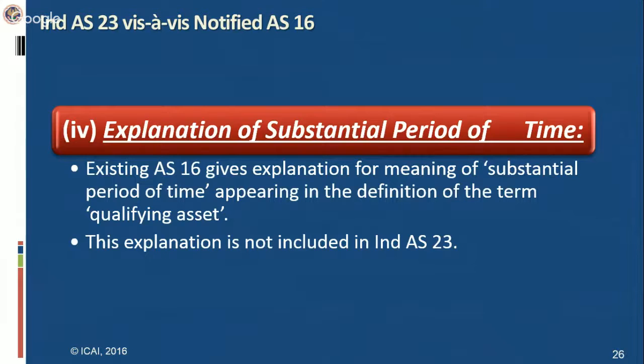Earlier it was an ASI, Accounting Standard Interpretation, which clarified this terminology, substantial period of time. It is a very subjective clause, depending on the entity and the situation. However, for generalization, they said it could be more than 12 months.